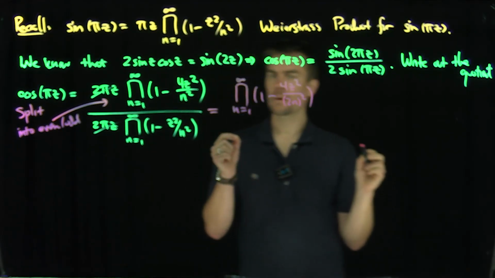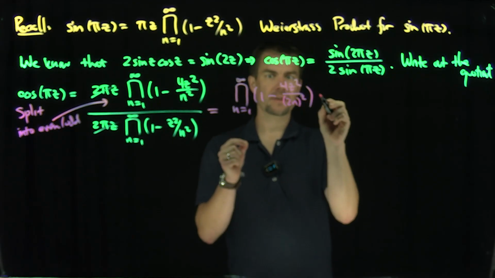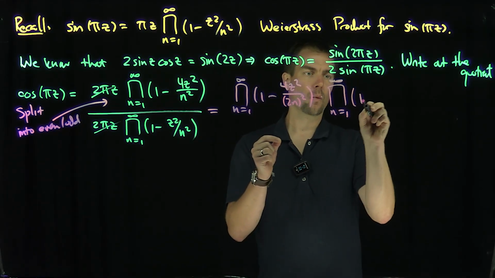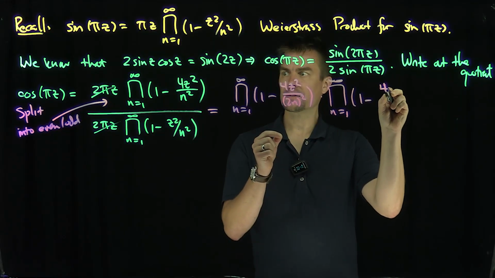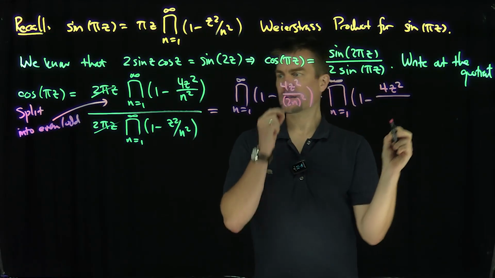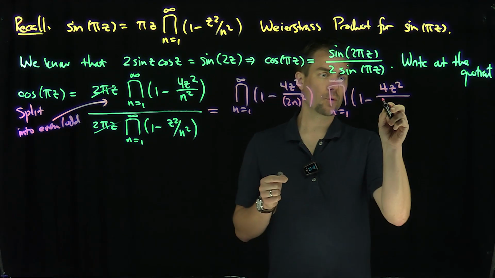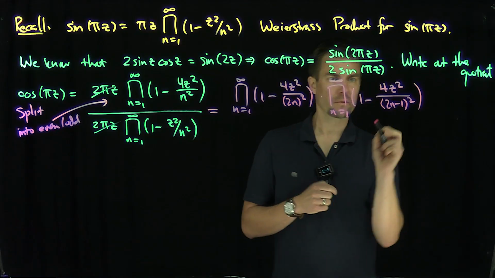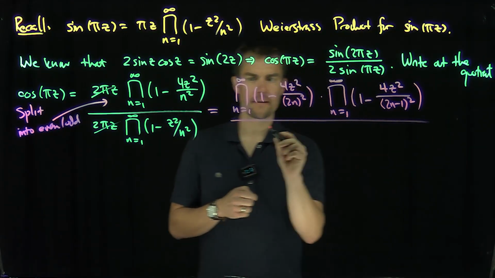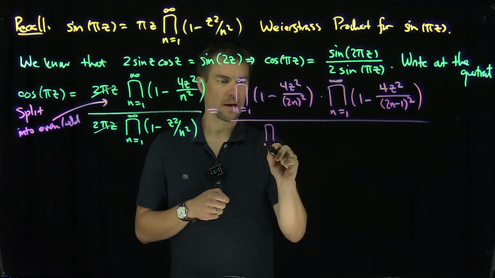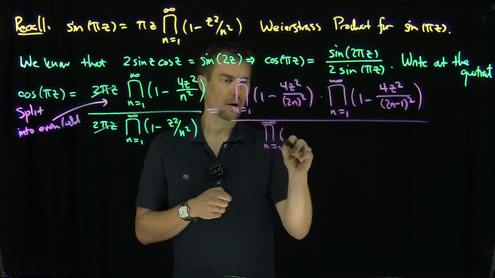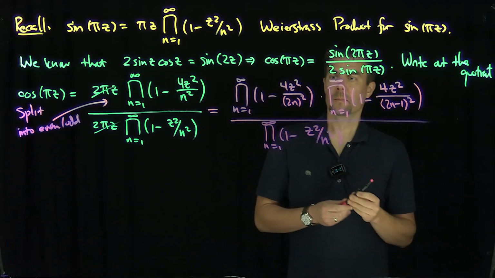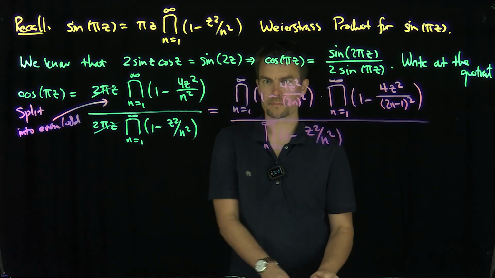Then I'm going to have times the product, n goes from 1 to infinity, of the odds, 1 minus 4z squared over, now I have to start with 1, so 2n minus 1 squared. All divided by the product, n goes from 1 to infinity, of 1 minus z squared over n squared.